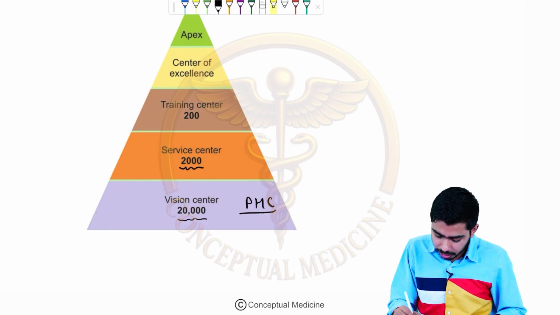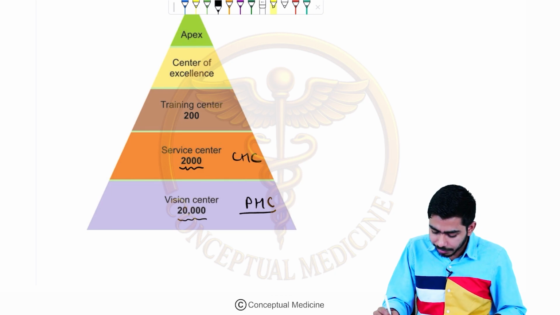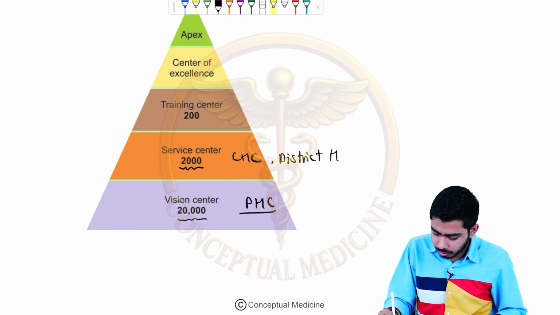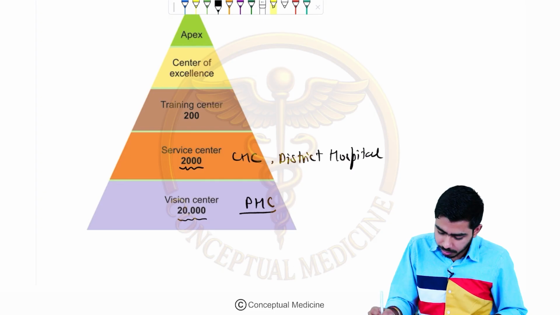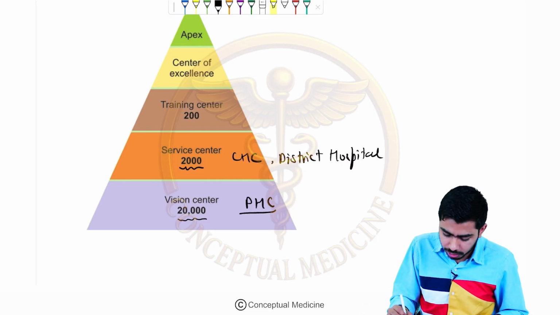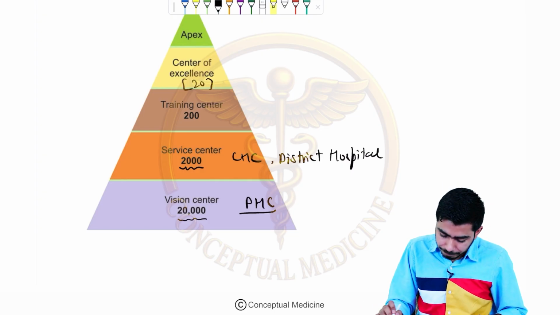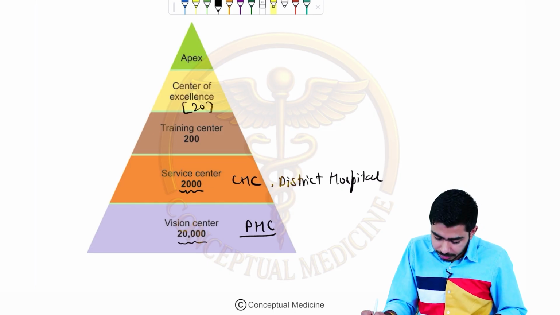Then the upper level is the service center, which is at the CHC, the community health center, or the district hospital. Then we might have the training center and the center of excellence.